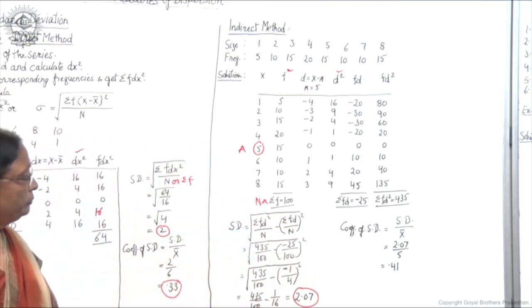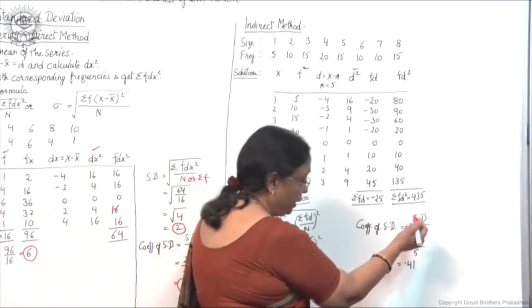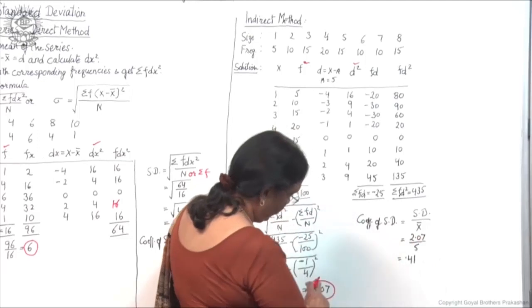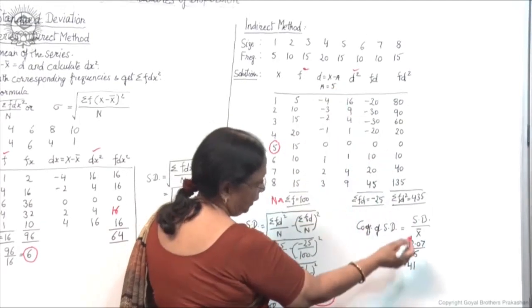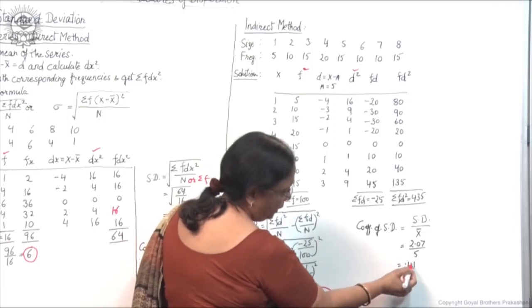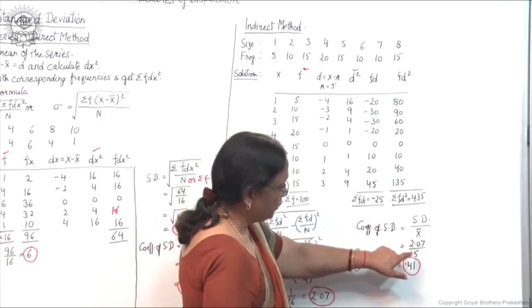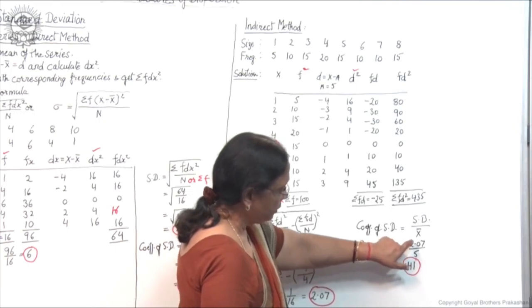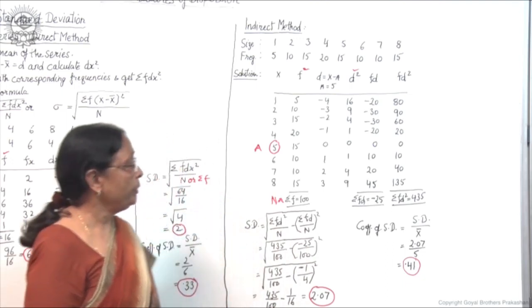Now coefficient is SD upon mean. SD is 2.07, mean is A, that is 5, so you divide 2.07 upon 5 and you get 0.41.